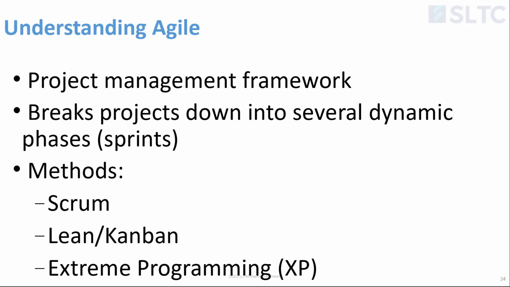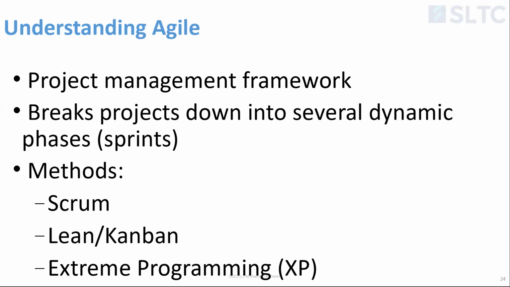One is called Scrum, and the second is called, in Japan, Kanban. In the Western world it is called the Lean method, and the third one is called Extreme Programming or XP method. Now, these are, by the way, mechanisms or methods by which you can apply Agile in the organization or in building your application.